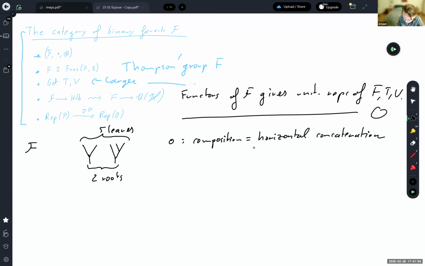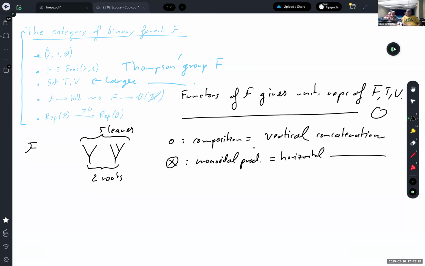It's vertical, of course. So I'm stacking. And the tensor product, so it's a monoidal product if you want. I think it's better to see it as a set, but no. And here it's horizontal.